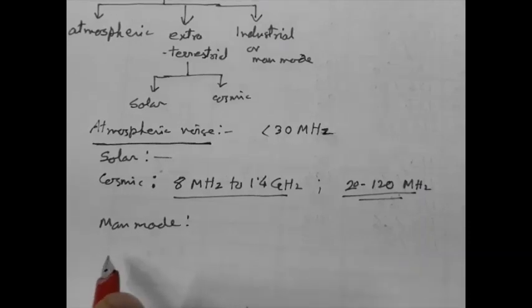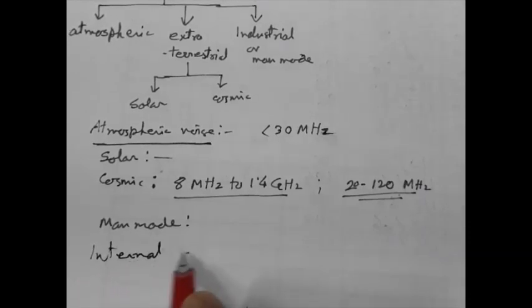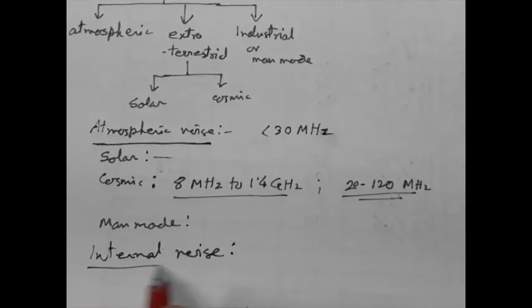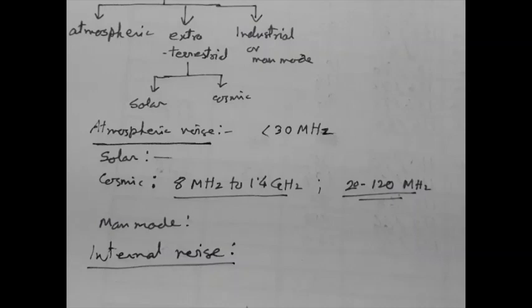Now we will discuss the internal noise. The source of the internal noise is present within the system generally. So it is not coming from an external source, an external body.